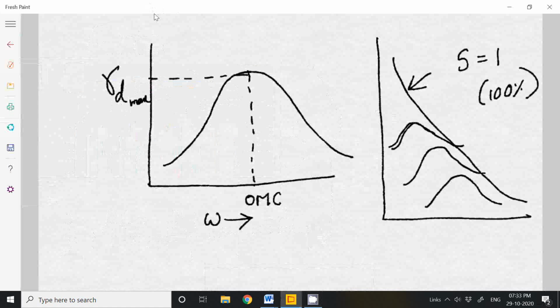Then we get the zero air void line. So I also recommend you to please do a bit of revision of these things that we have studied in the previous videos.